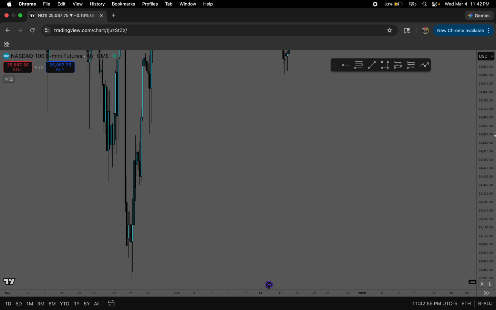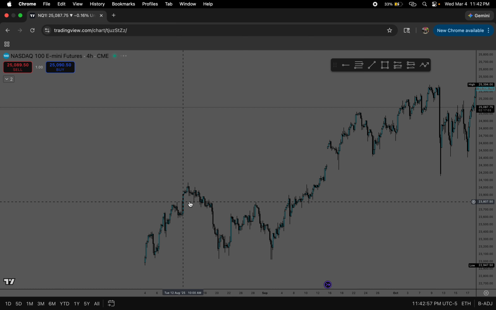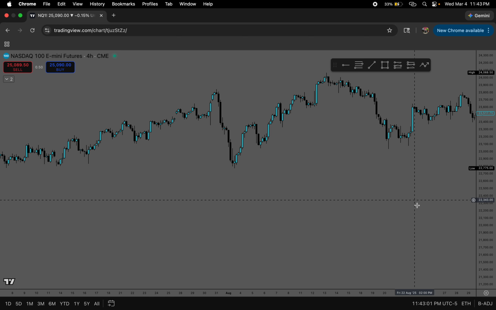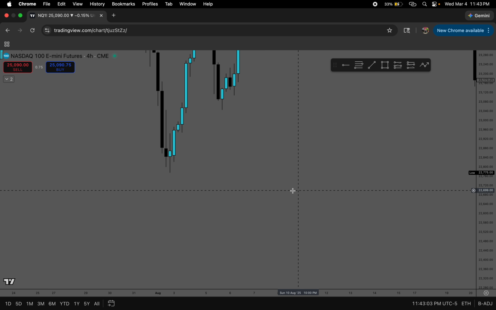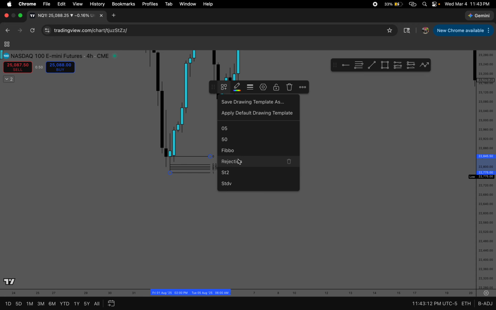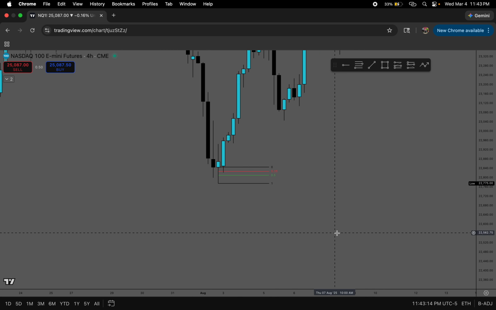Okay, let's go back in time. Let's pick a random. Boom. Price gets swept. We close bullish. We take out a form of liquidity. Boom. Get on the 2.5.